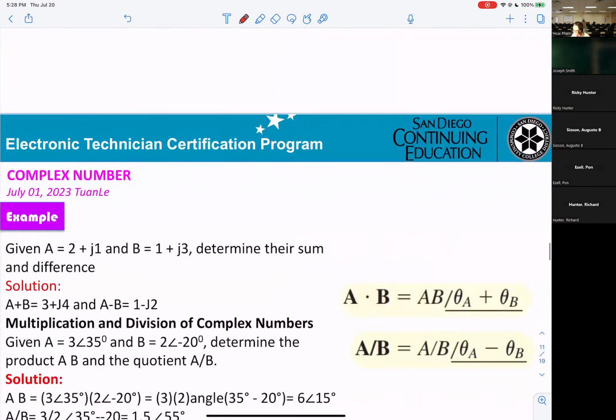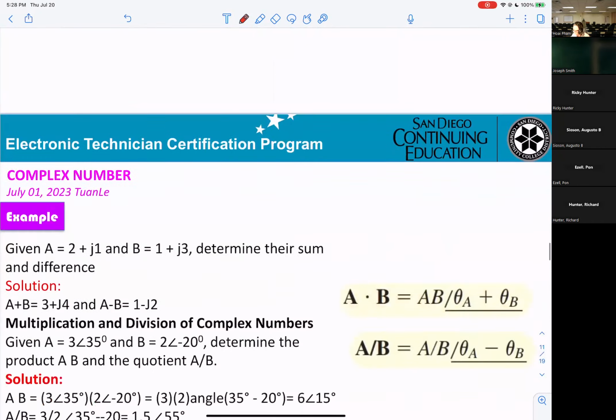Okay, example. If I give you A equal 2 plus J1 and B equal 1 plus J3, they want to know the sum of A and B, and the difference.